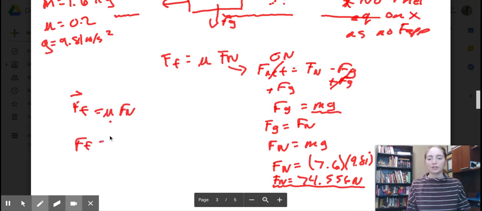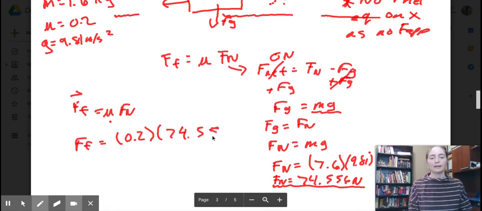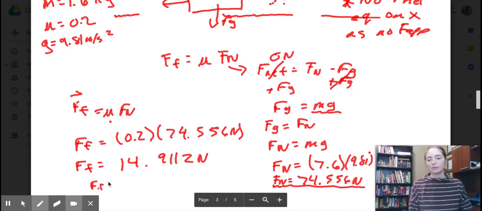My force of friction is equal to my mu of 0.2 and my normal force, beg pardon, of 74.556 newtons. Plunk that into your calculator, ladies and gentlemen, and you're going to wind up with 14.9112 newtons.